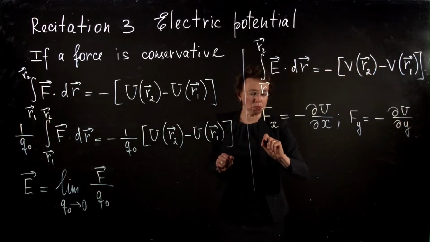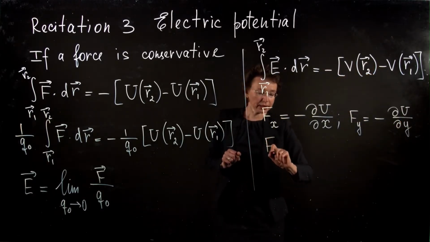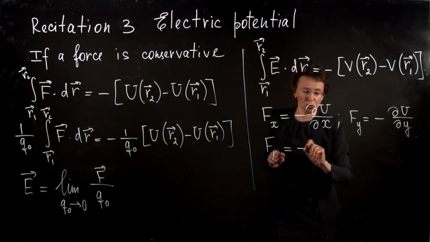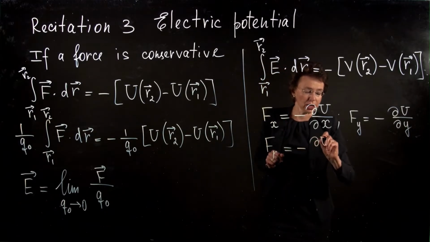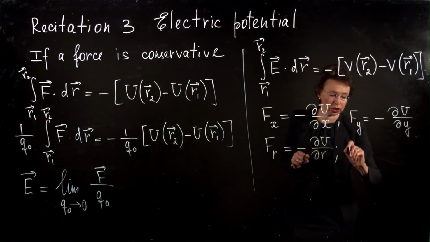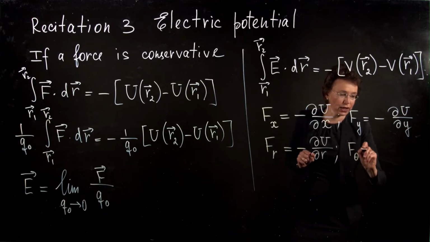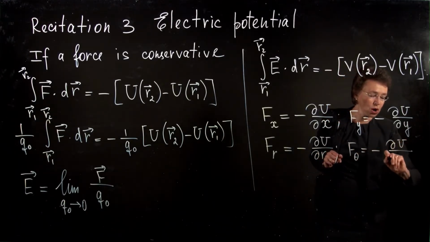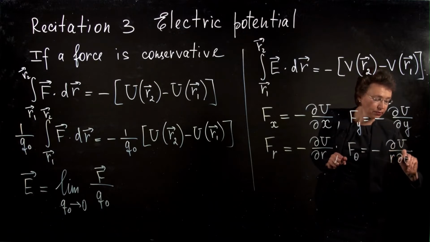If I write it in polar coordinates, then Fr, the radial component of force, is minus dU dr, and the tangential component of force, F theta, is minus the partial derivative dU over r d theta.